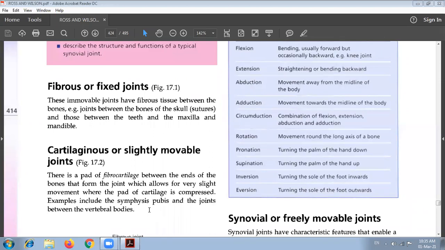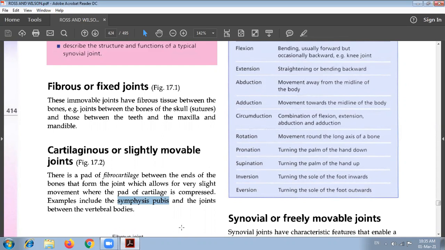The symphysis pubis is also one of the cartilaginous joints. It is the region between the halves of our pelvic girdle, and it gives the slight movement of our hip bones that allows the delivery of a baby, or sometimes other movements.